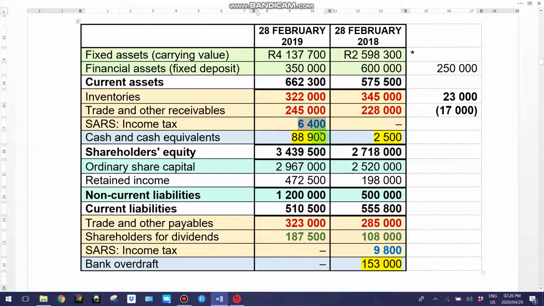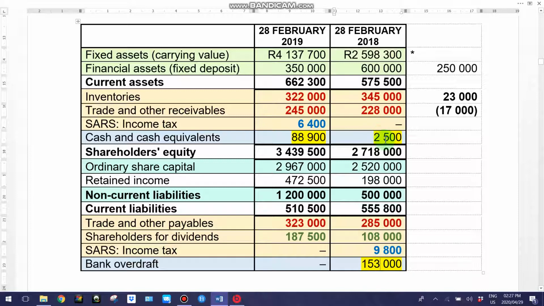Now looking at my cash and cash equivalents, last year I had a debit balance of 2,500. And then I had a bank overdraft last year, shown under current liabilities, showing that my bank balance last year was negative.